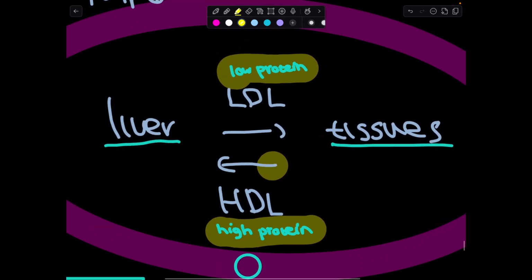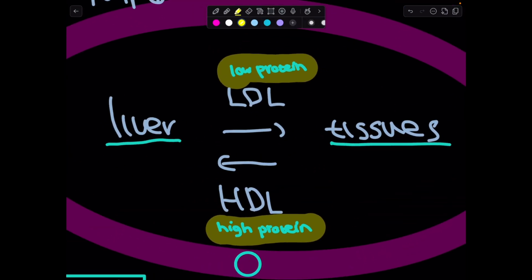LDL, with less protein and more cholesterol, plus apolipoprotein B, is designed to bind to different receptors on cells needing cholesterol for membranes or hormones, delivering it from the liver to tissues. Okay. The protein type and amount dictate each lipoprotein's role and direction. Want to dive into receptor mechanisms or clinical impacts?